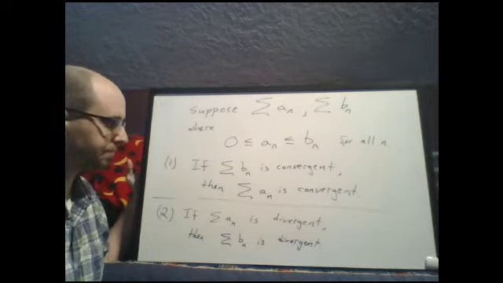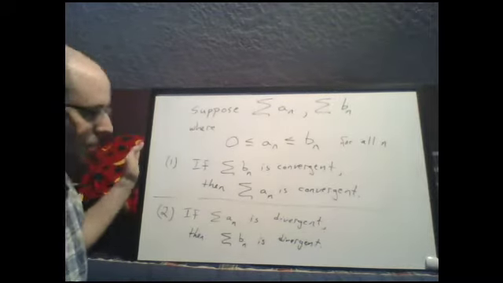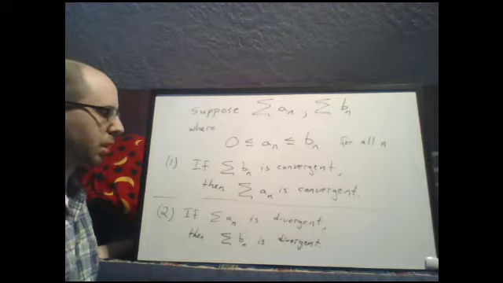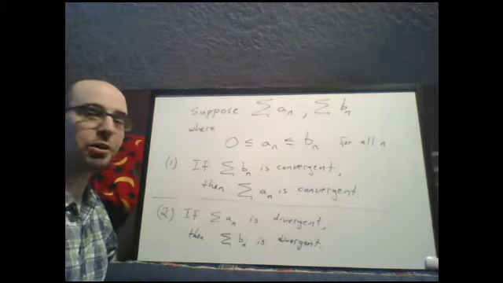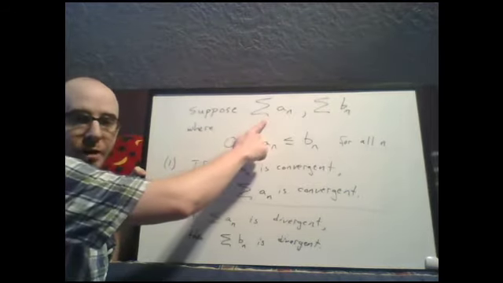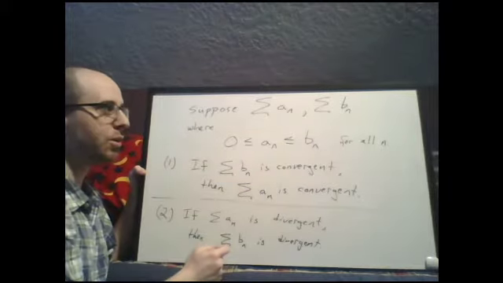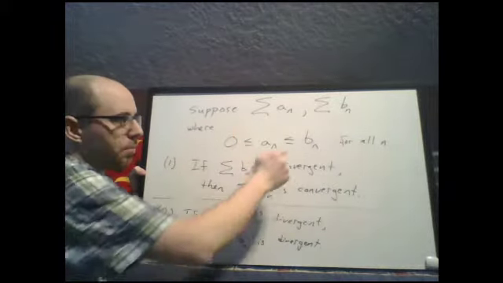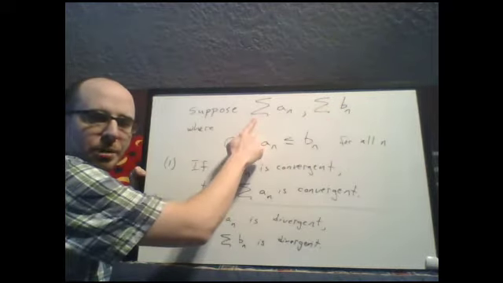Okay, we'll do a few examples of this, but there are a few possible mistakes you can make. If I know that the smaller series, the A series, is convergent, that doesn't tell me anything about the bigger series. Or if I know the bigger series is divergent, that doesn't tell me anything about the smaller series.